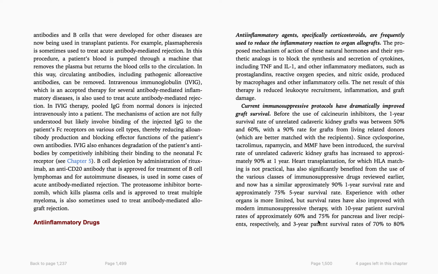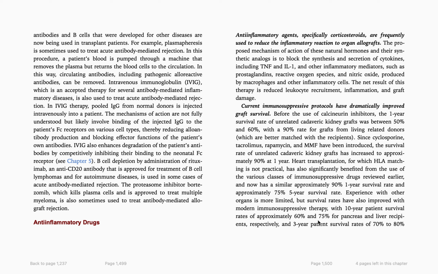For example, plasmapheresis is a method used to treat acute antibody-mediated rejection. In this procedure, a patient's blood is pumped through a machine that removes the plasma but returns the blood cells to circulation. In this way, circulating pathogenic alloreactive antibody can be removed.